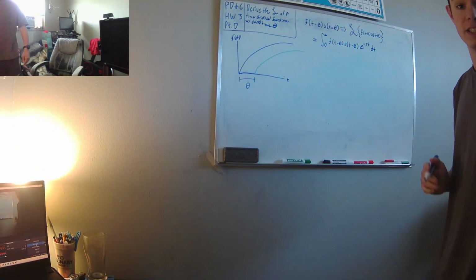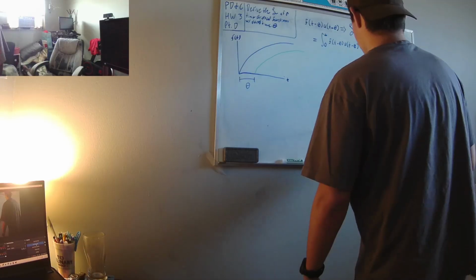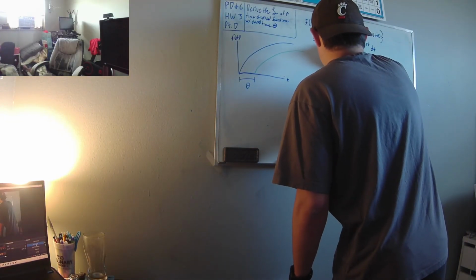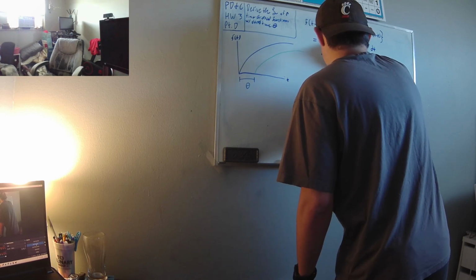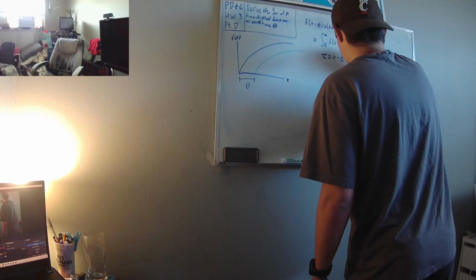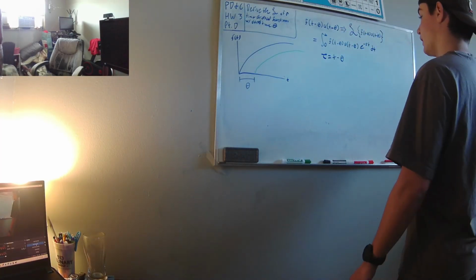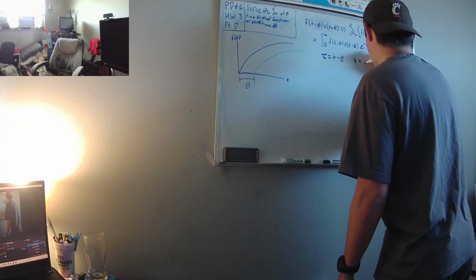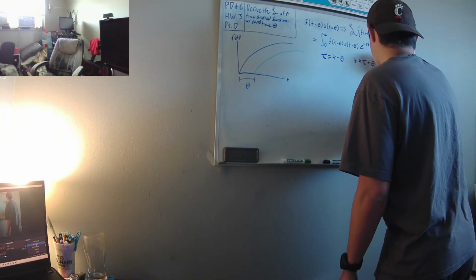And to simplify this down a little bit farther, we can introduce our variable tau, which is going to be equal to the t minus theta that appears in our function a lot. And then inversely, we can say that t is going to equal tau plus theta.